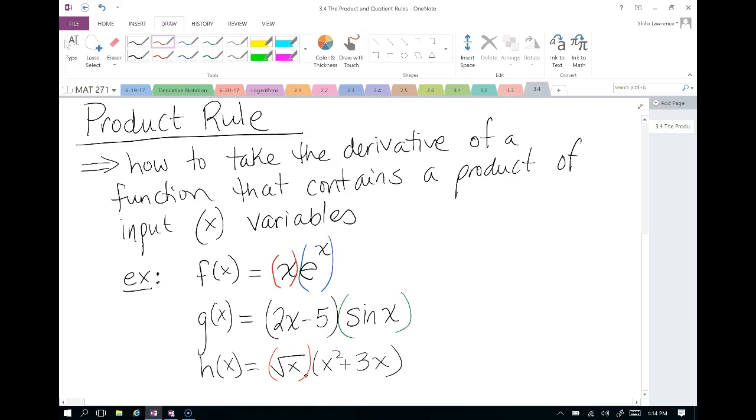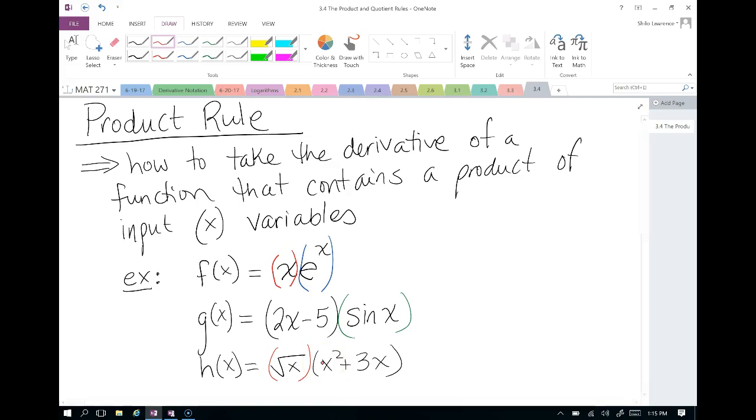Sometimes it makes it a little more obvious that we've got two separate functions of x being multiplied together. Now this one we could fix with some algebra, and we could potentially, by doing some algebra ahead of time, make it so we don't have to use the product rule. But if we don't recognize that, or if we are not very confident in our algebra skills, we could work it out as a product rule problem, and we would get the same answer.